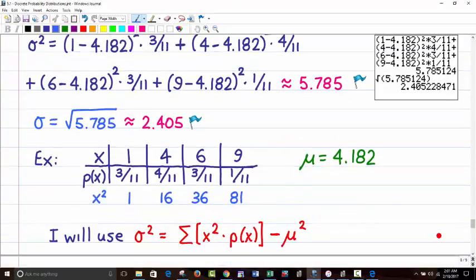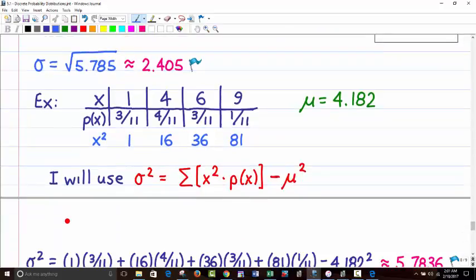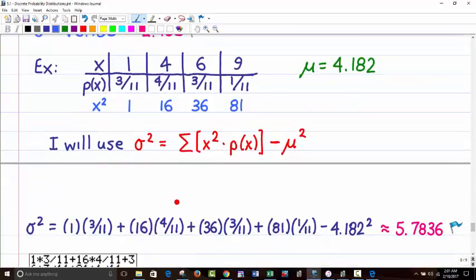And then I used the mean again and did it my other way. I don't know why I reversed the order. I wasn't trying to confuse anybody, but why I used the other formula first, who knows? I might not change it around. But here, see there my x squareds right there. And so you see I went x squared: 1 times 3 over 11, 16 times 4 over 11, 36 times 3 over 11, and 81 times 1 over 11, minus the square of the mean.